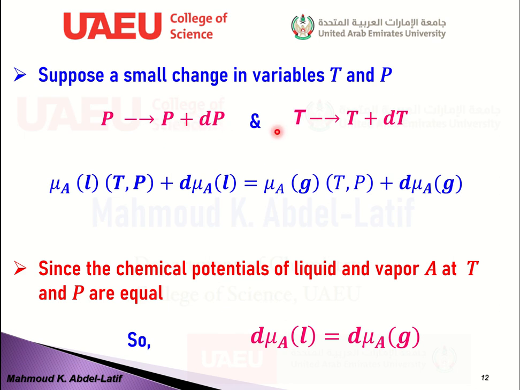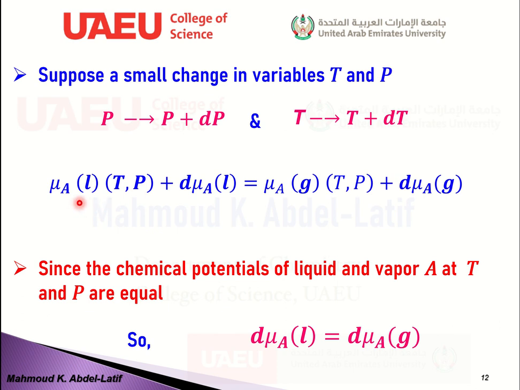Applying this condition to the previous equation, the chemical potential of the liquid state of substance A plus the change of the chemical potential due to the change of the parameters T and P will be the same as that of the gaseous state plus the change of the chemical potential due to the change of temperature and pressure.